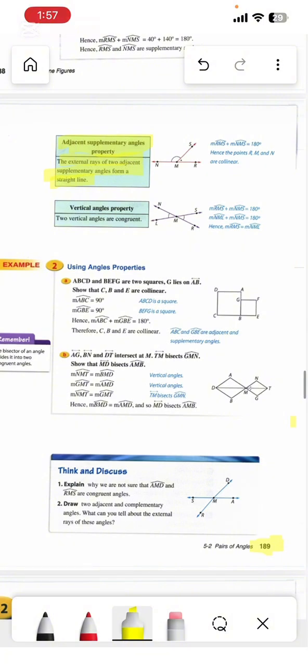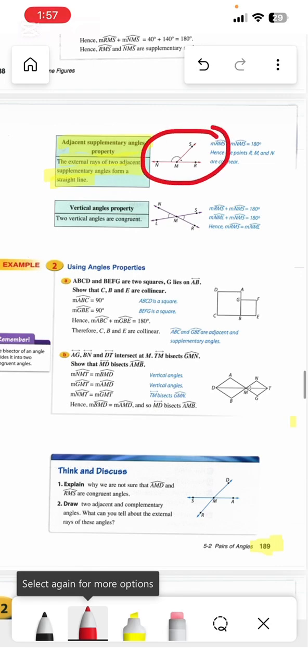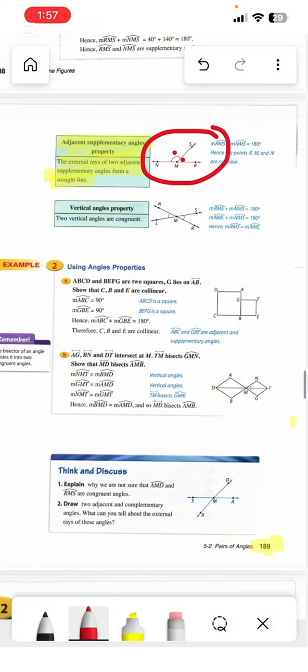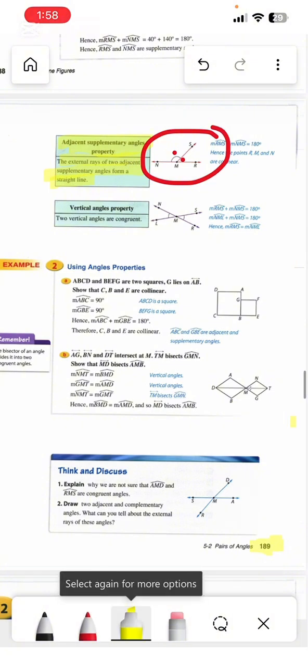Whenever you have a straight line, like this figure, angle RMS and angle NMS are adjacent angles, and they form NMR, a straight line, because a straight line angle measures 180 degrees. So this property says whenever you have two adjacent angles that form a straight line, their sum is 180 degrees.